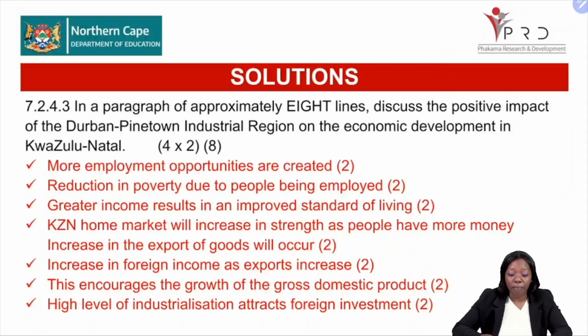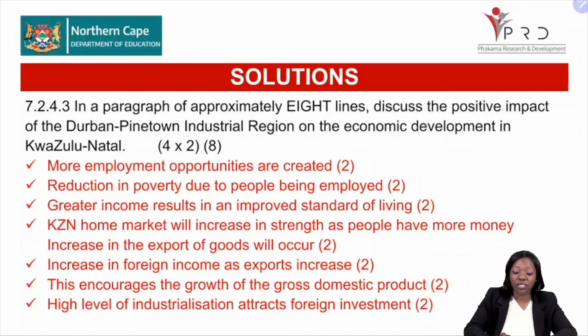Then in a paragraph, you are supposed to discuss the positive impact. Remember the positive impact, those are the factors that favor. So more employment opportunities are created. Remember, there are different activities, there are different industries in this area. Then reduction in poverty due to people being employed.